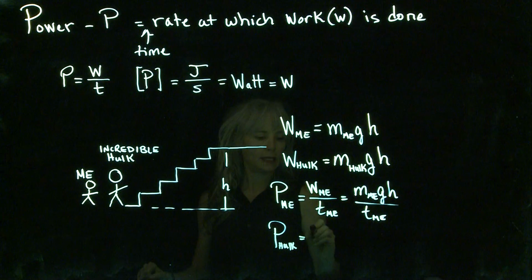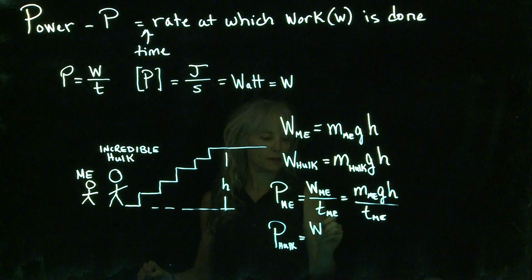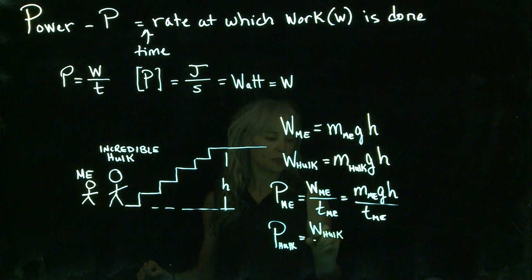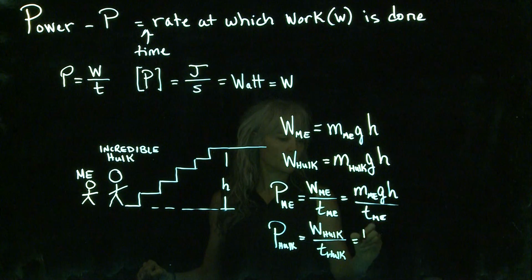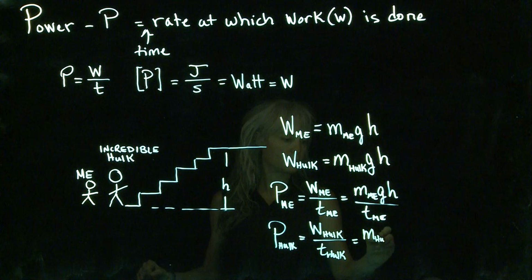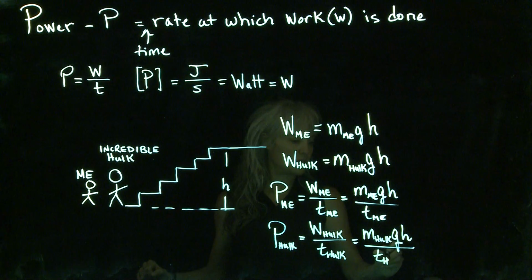Well, he is going to have a power rating that's going to be equal to the work he does divided by the time it takes him to do that work. So this is going to be his mass times the acceleration due to gravity times the height divided by the time it takes him to carry himself up the stairs.